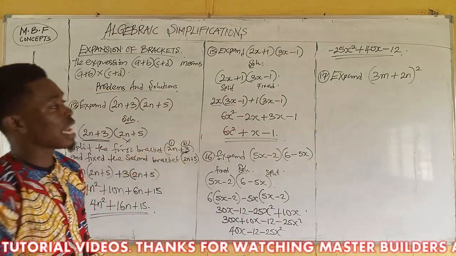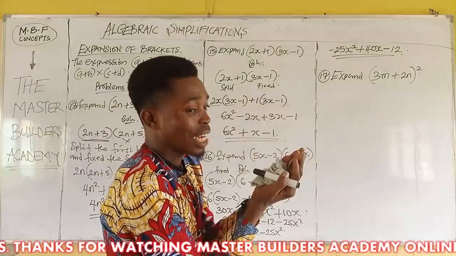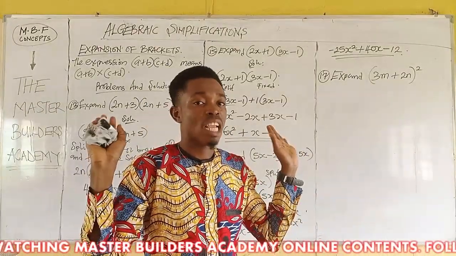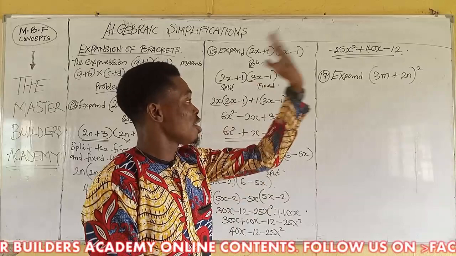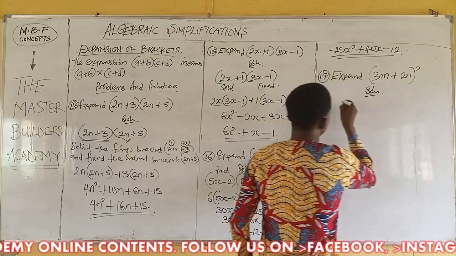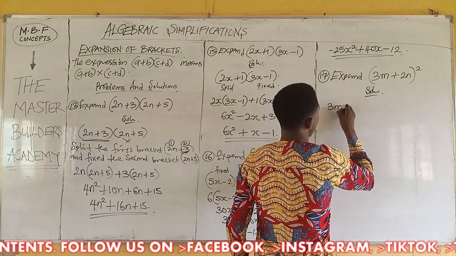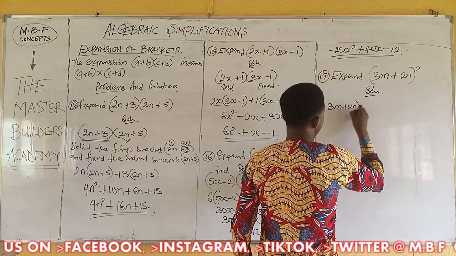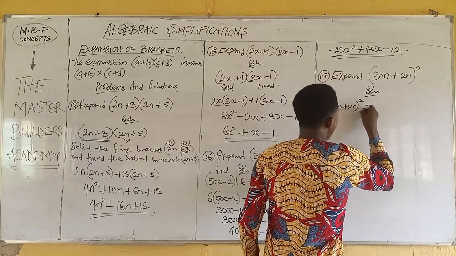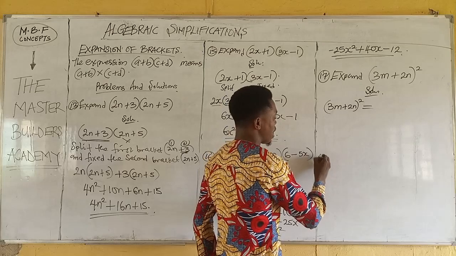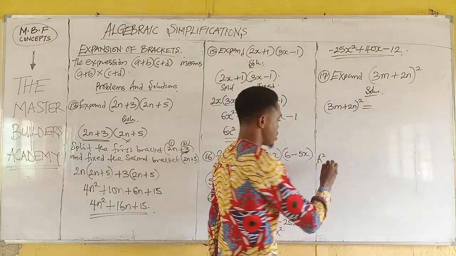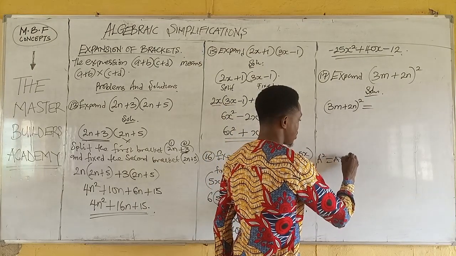Now, in this case, we have one bracket all squared, (3m + 2n) all squared. Guys, if I have a raised to power 2, it is the same thing as a times a.